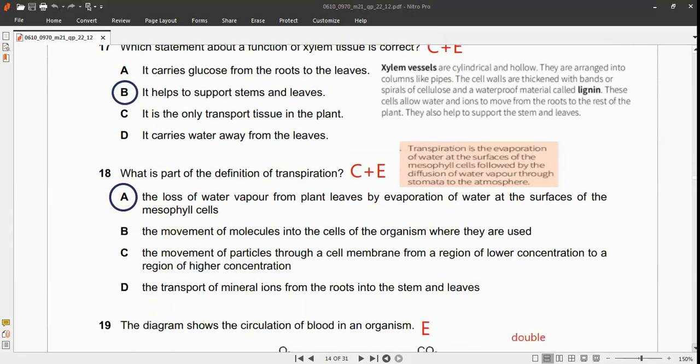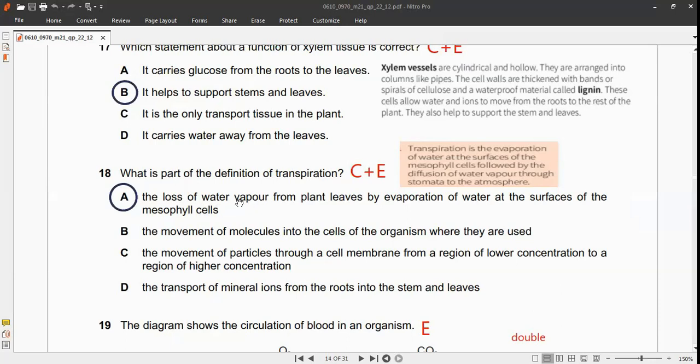What is part of the definition of transpiration? Transpiration is the evaporation of water at the surfaces of mesophyll cells, followed by diffusion of water vapor through stomata to the atmosphere. So which is the correct answer? The loss of water vapor.